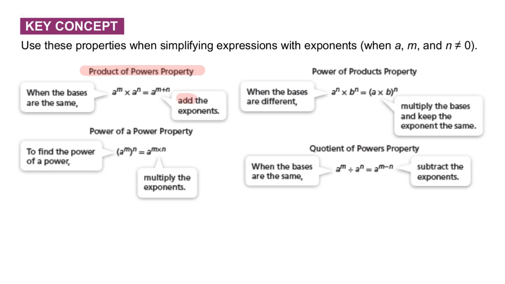Here is your power of products property: you are going to multiply the bases and keep the exponent. The power of a power property: you are going to keep the base and multiply the exponents. And finally, the quotient of powers property: I want you to keep the base and subtract the exponents.